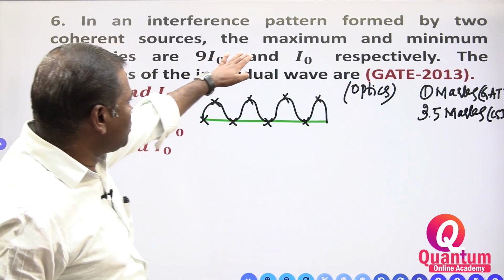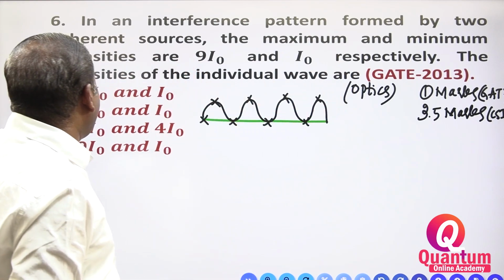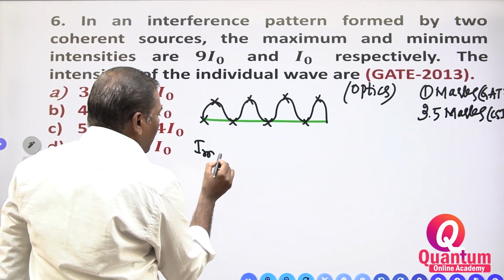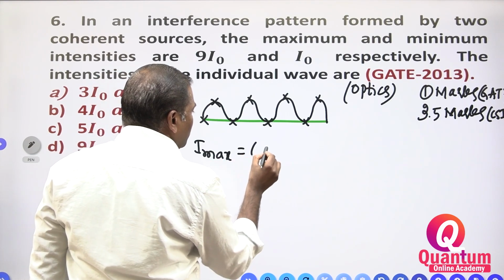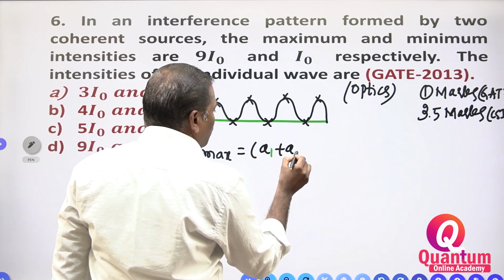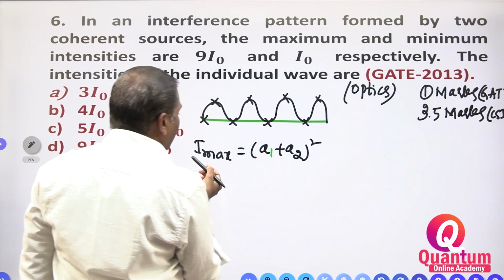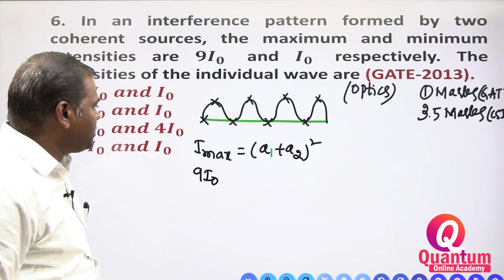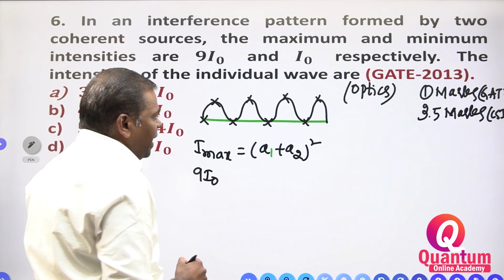Two coherent sources. The maximum and the minimum intensities they are giving. The maximum intensity, I maxima, is equal to (A1 plus A2) whole square, and they are giving it as 9 I naught. I maxima is equal to 9 I naught.